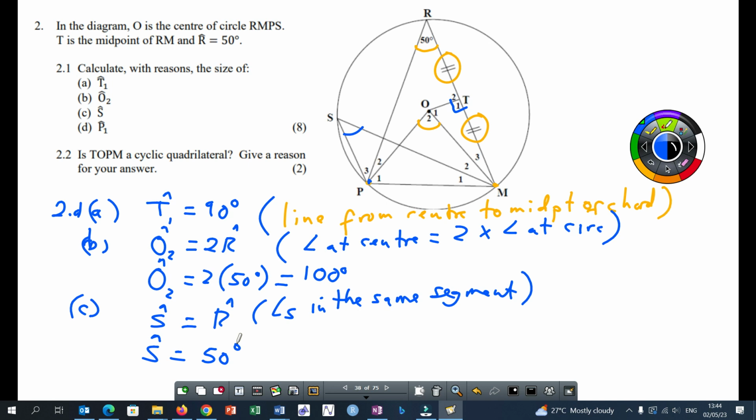Yes? Why can we not say that the reason for what we just said is angle subtended by same chord? It is true that there are angles that are subtended by the same chord. But according to your curriculum in this country, there are some acceptable reasons that you have to use. It is true that they are subtended by the same what?